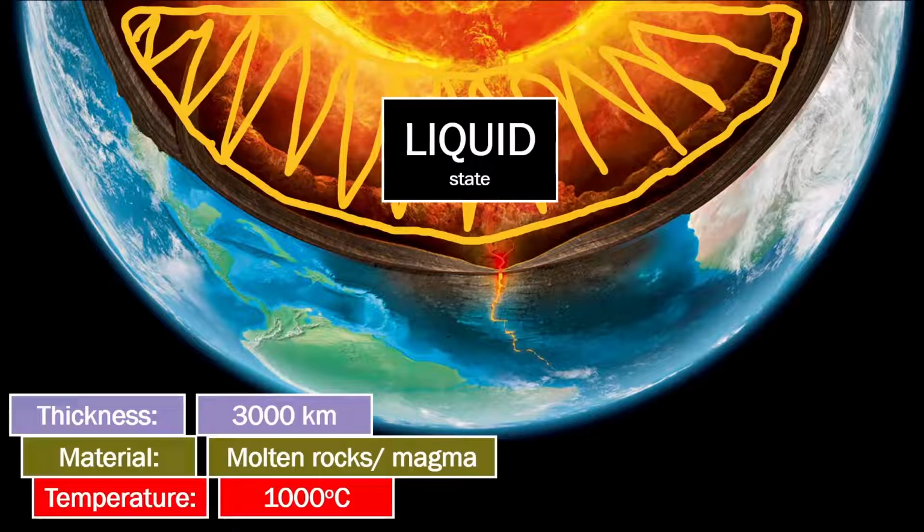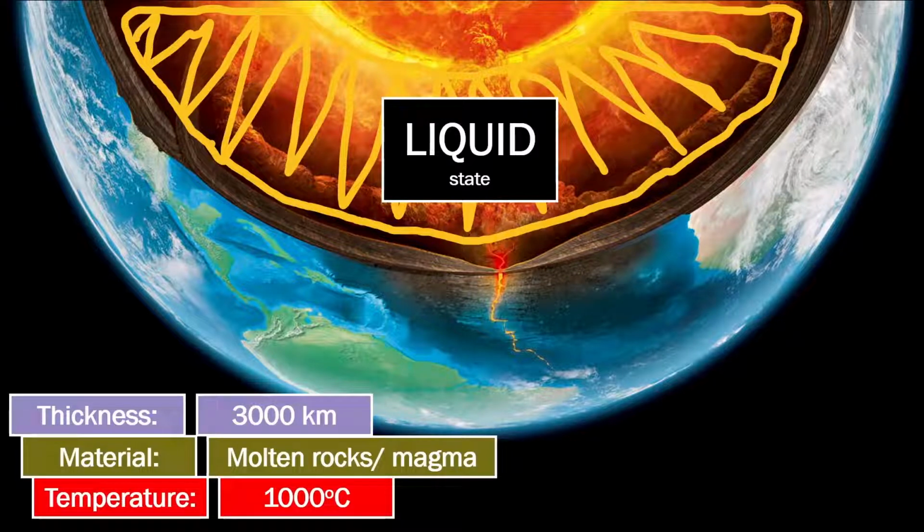Let's see here. The thickness is 3,000 kilometers. Okay, that's deep compared to the crust, right? The maximum for the crust is 70 kilometers, but for mantle, the thickness is 3,000 kilometers.